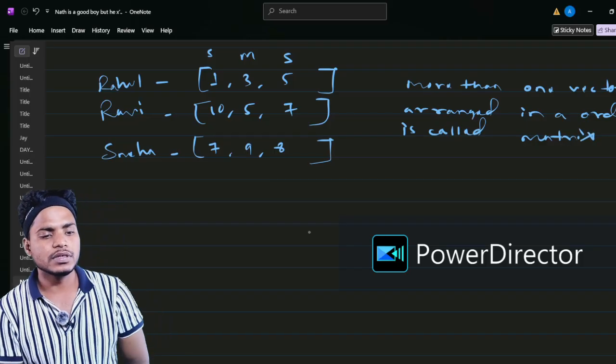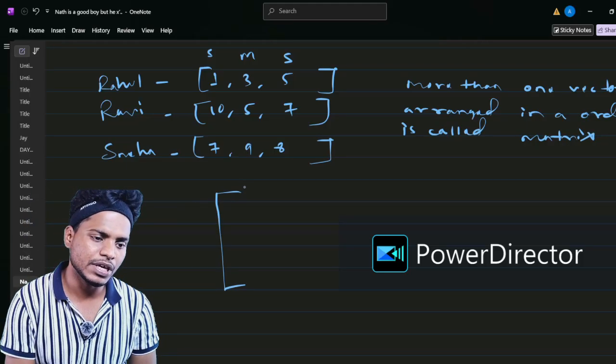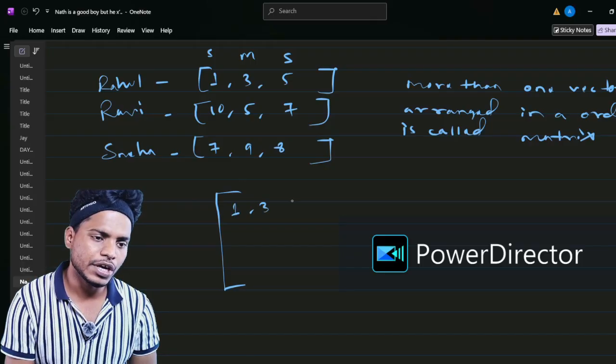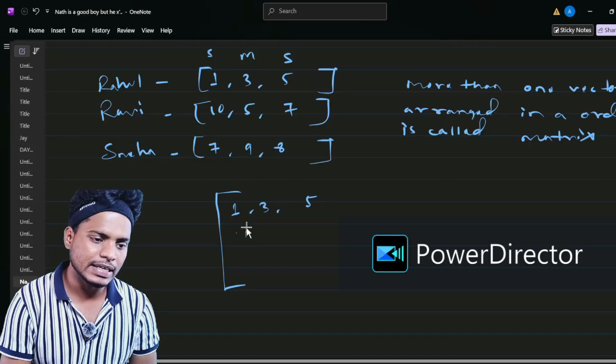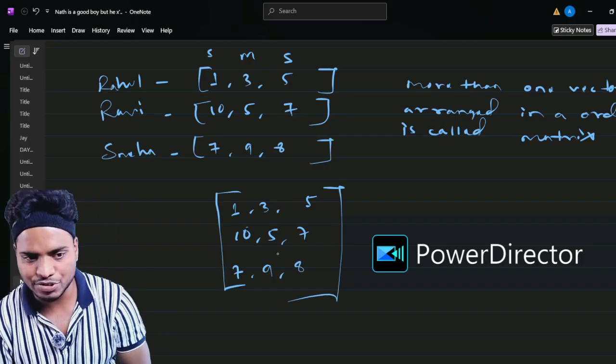Very simple. If I present them in matrix form, it could be like 1, 3, 5, then here you have 10, 5, 10, then I have 7, 9, 8. This is what we call a matrix.